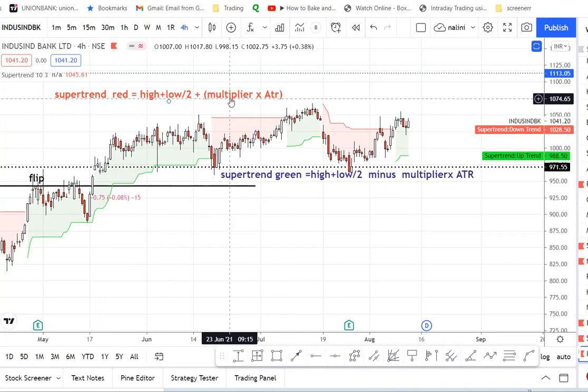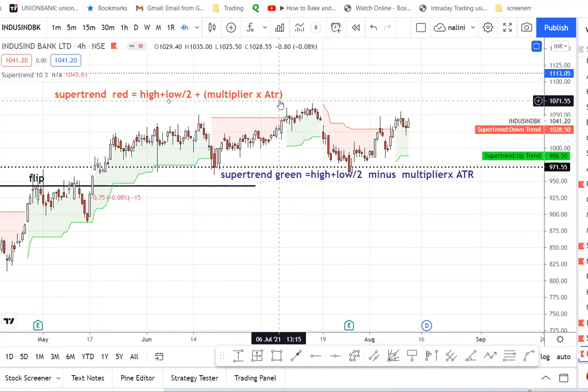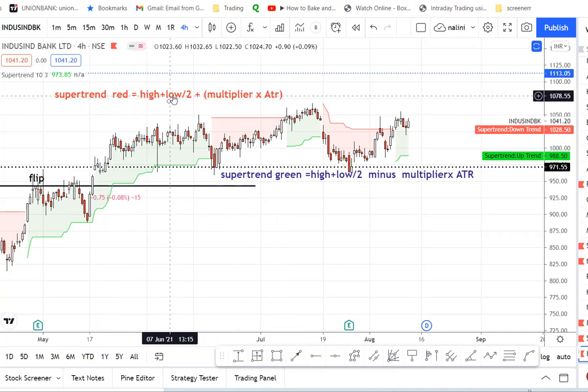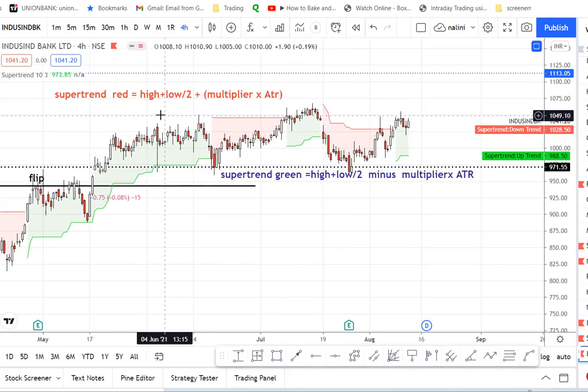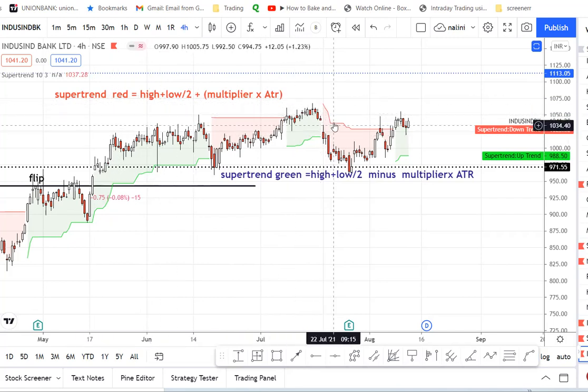Here we are using 3 as the multiplier. It is multiplied with the average true range, so it gives you the super trend value. If it starts descending, it indicates the price is going to go low.